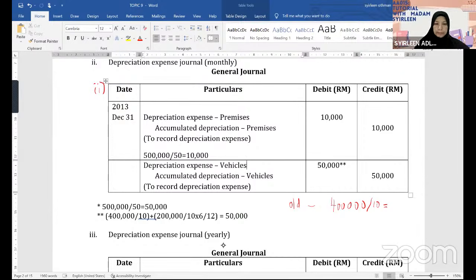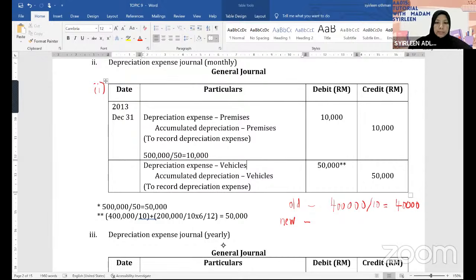Okay, so the depreciation expense for the old asset will be 400,000, divide by 10 years, 40,000 ringgit. All right, this is for the old asset. Okay, what about the new asset? Okay, new asset, since we are using the monthly basis, kita beli July 1st.